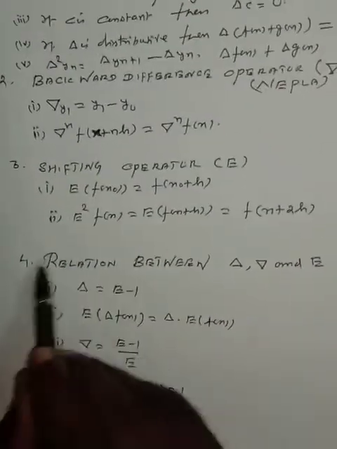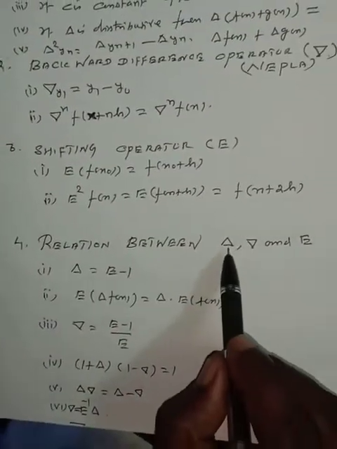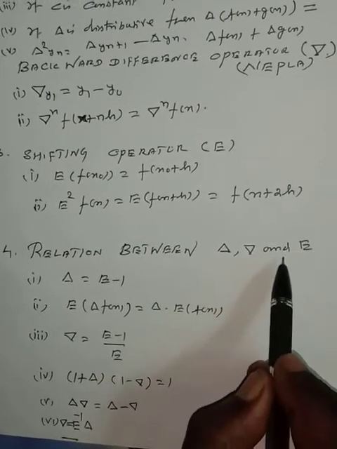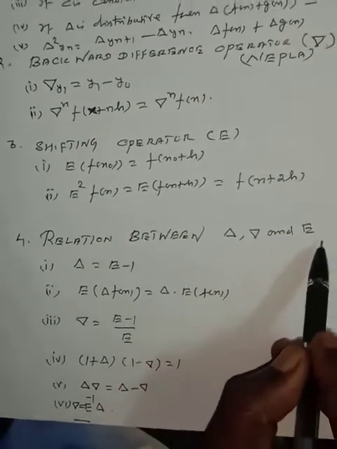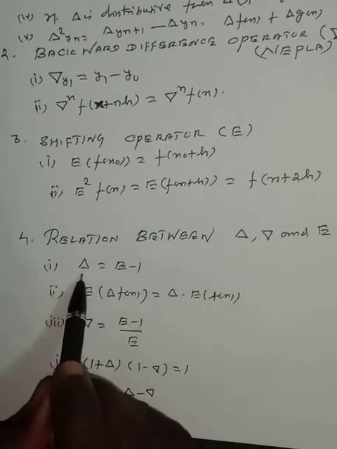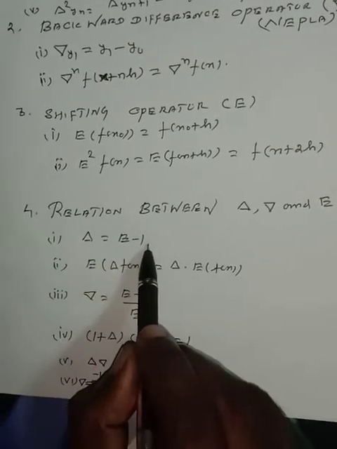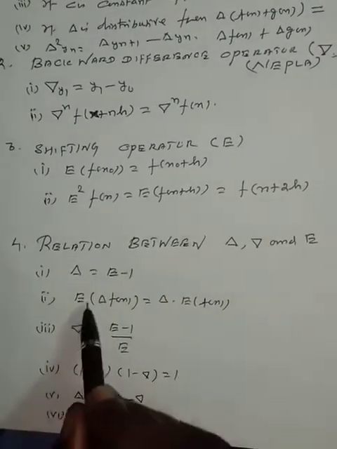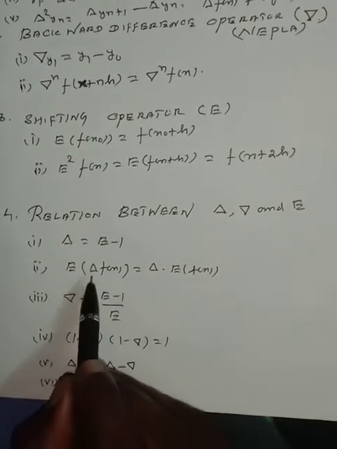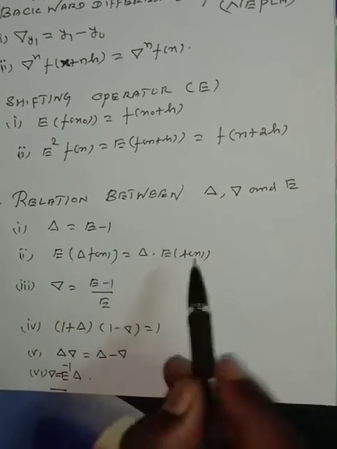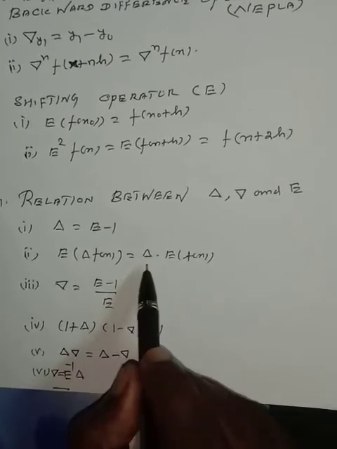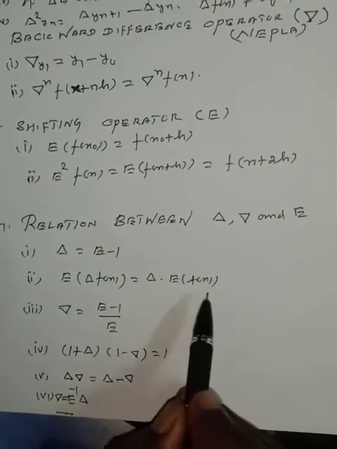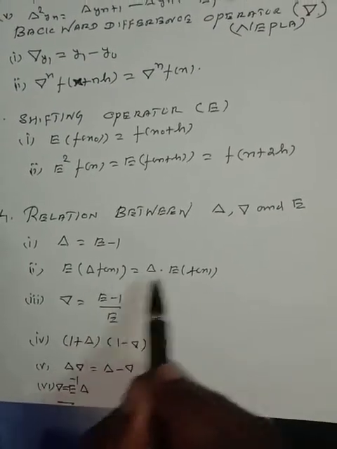Number 4, the relation between delta, nabla and shifting operator E. Number 1, delta is equal to E minus 1. Number 2, shifting operator of delta of f of x is equal to delta of shifting operator of f of x, interchanging the operators.